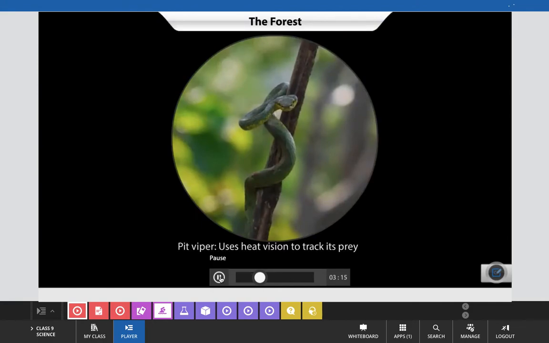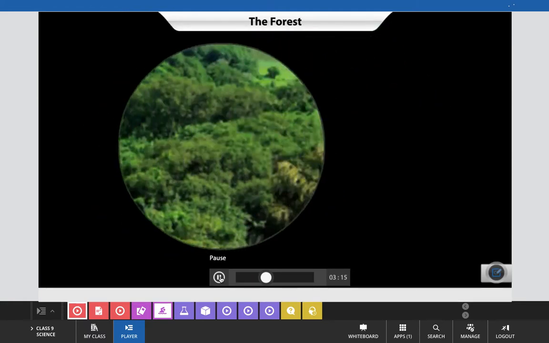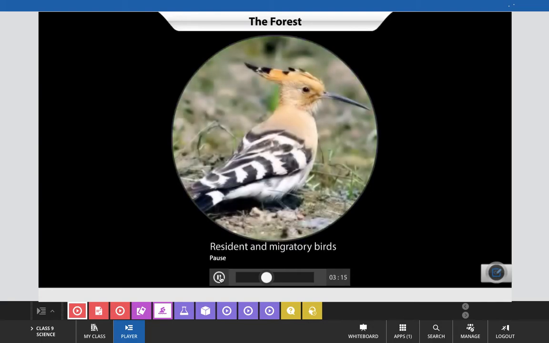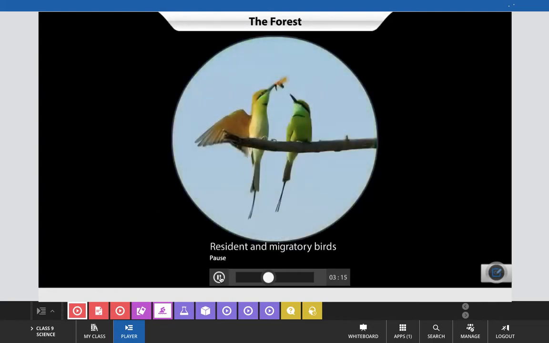The pit viper tracks down its prey using heat vision. The pit between its nostrils helps the snake sense the body heat of its prey. You'll also see many species of resident and migratory birds in sanctuaries and other natural habitats across India.